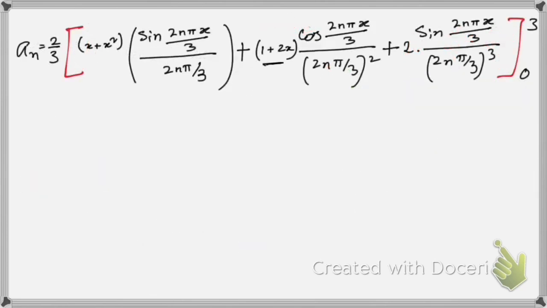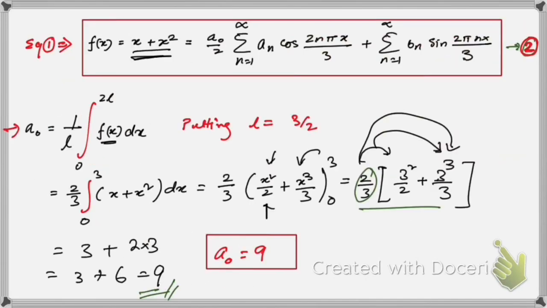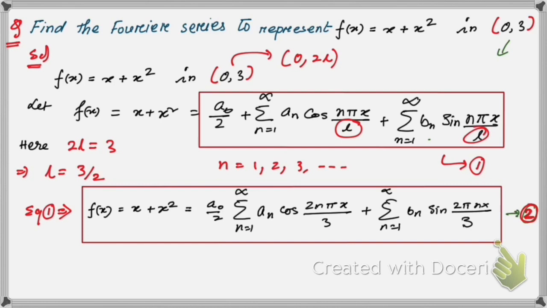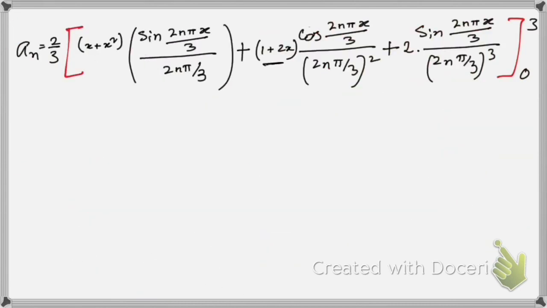This is what we have got, an is equal to, and let me tell you one more thing. Let me go to the first slide here. So in this case n is equal to 1 2 3 4 and so on up to infinity, right? So let's get back to this slide.